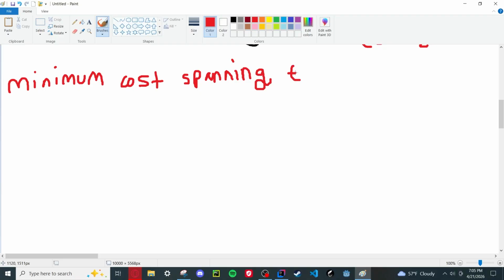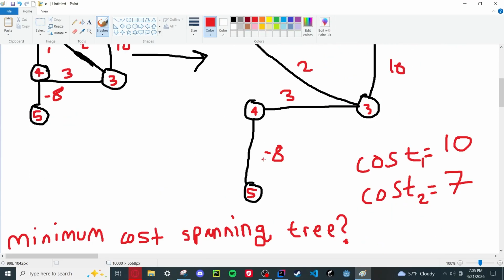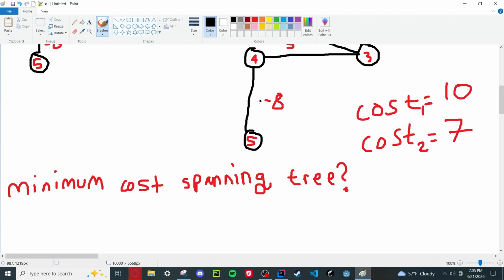And we're going to focus on minimum. If you want a maximum, what we're going to talk about today still applies, just reverse how you look at things. What if you wanted the minimum cost spanning tree? Do you just keep on trying random spanning trees until you inevitably find the lowest cost?